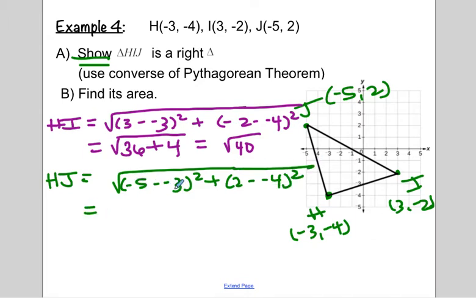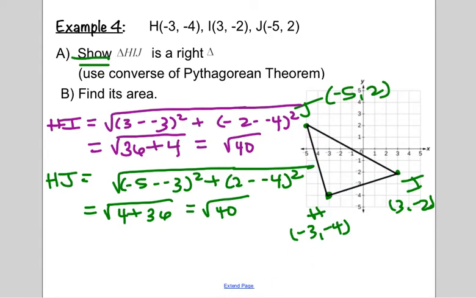So -5 plus 3 is -2. A negative squared is always a positive, so 2 squared is 4. Plus 2 plus 4, so we have 6 squared, which is 36. 4 plus 36 is 40. So this is the length, the square root of 40.